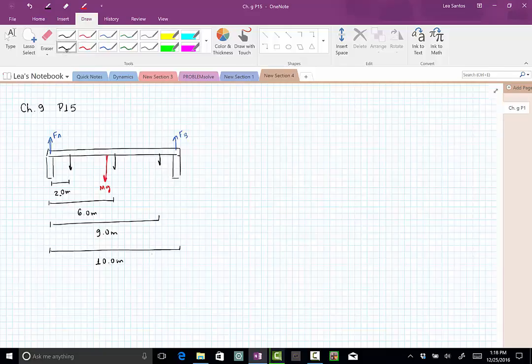So let's do that. I'm going to start writing the sum of all the forces in the y direction. And what we have here is, I'm going to assume that up is positive. So I have Fa plus Fb, and then negative all of the other weights.